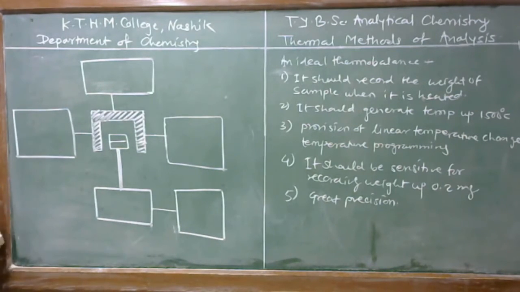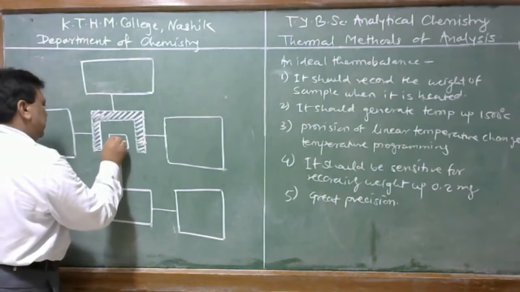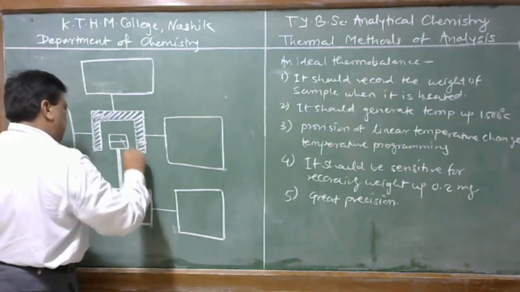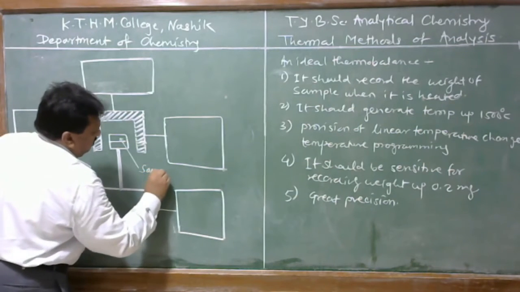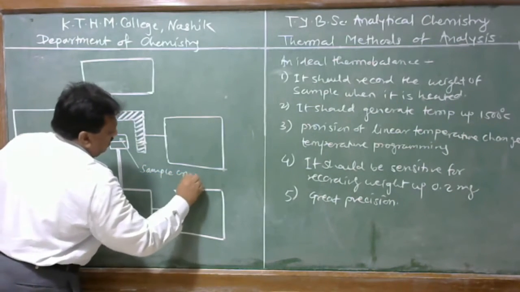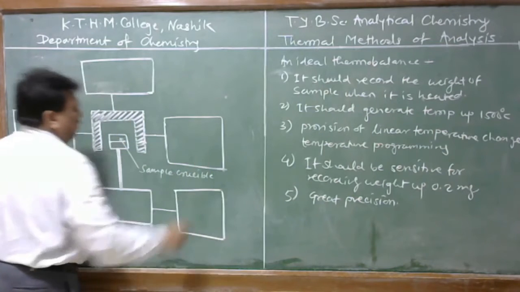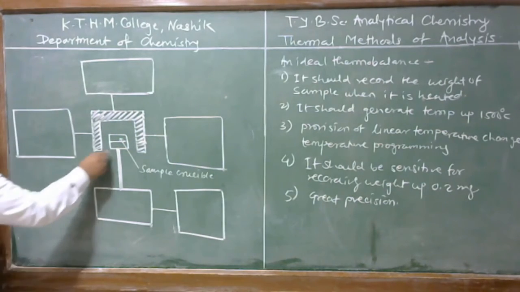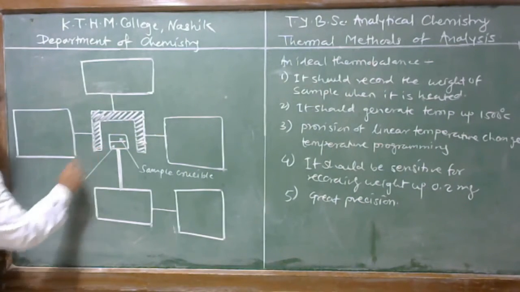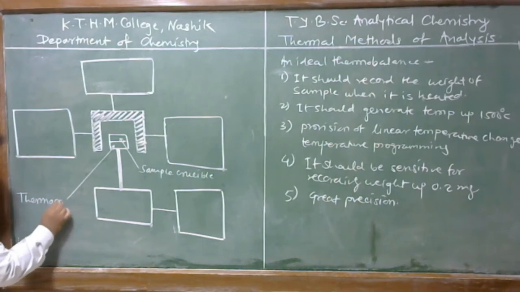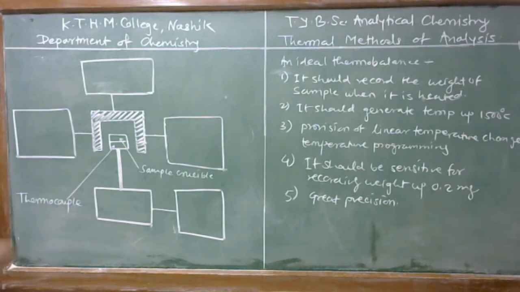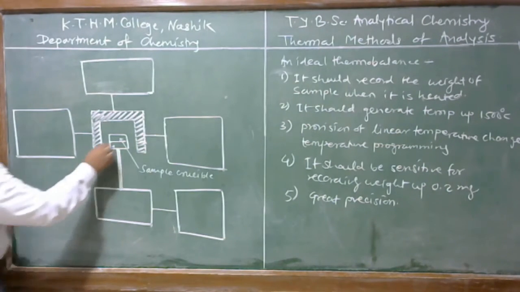Here this is a sample crucible or a sample plate. This is a thermocouple that controls the temperature of this plate.